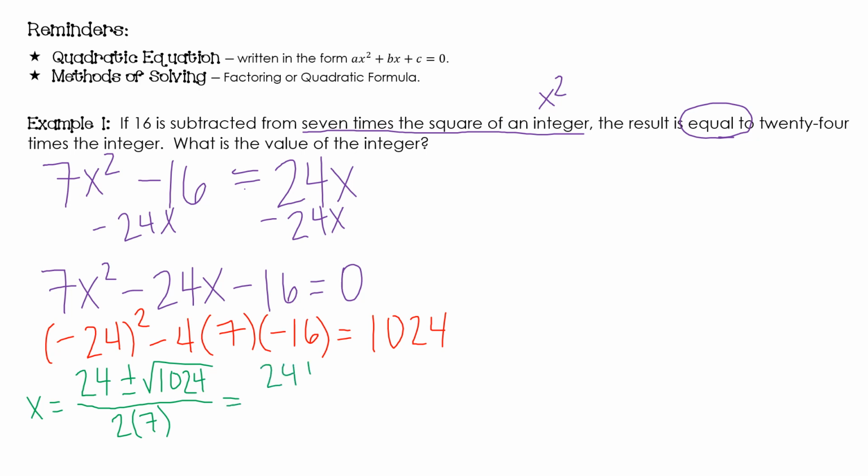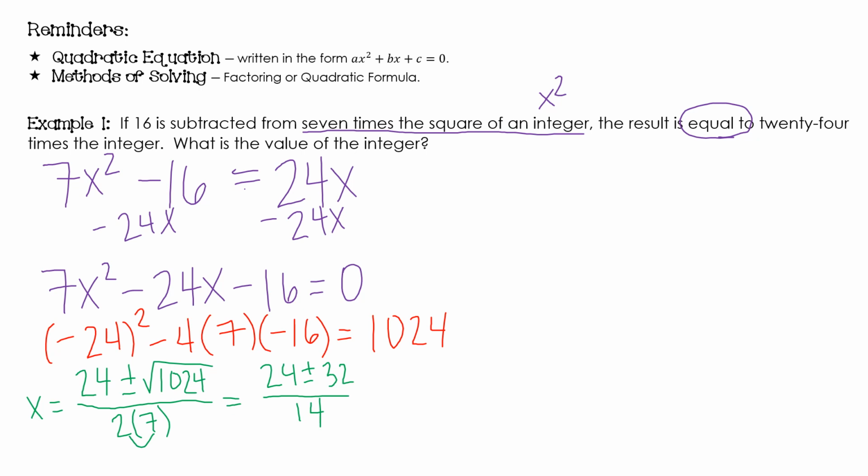So I get 24 plus or minus 32. Again, that was the square root of 1024, and then 2 times 7 is 14. Now from this step here, you could simplify if you wanted to, but these are all integers, 24, 32, and 14.